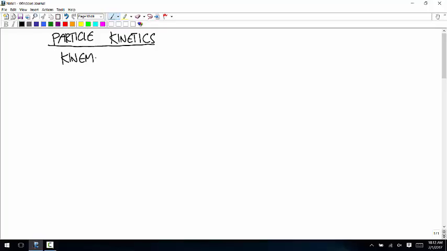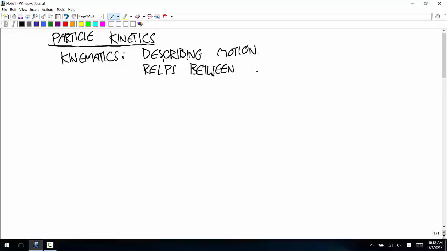So kinematics is just describing the motion. So it's relationships between time, position, velocity, and acceleration.